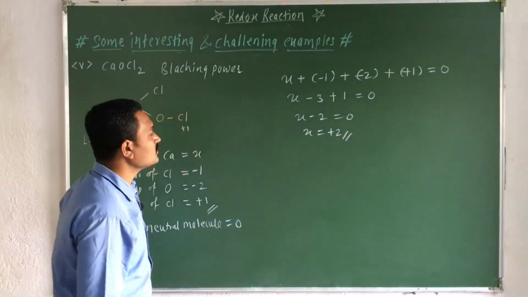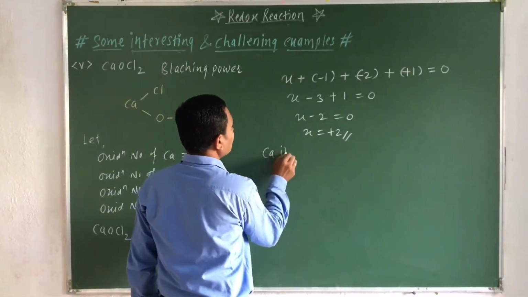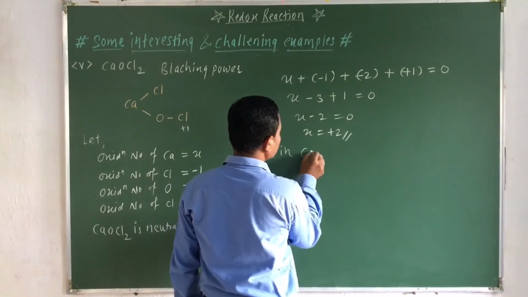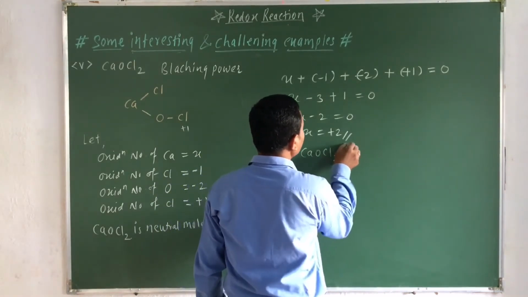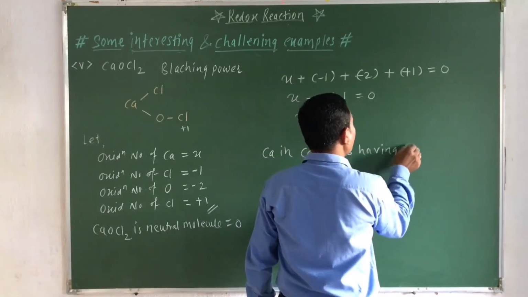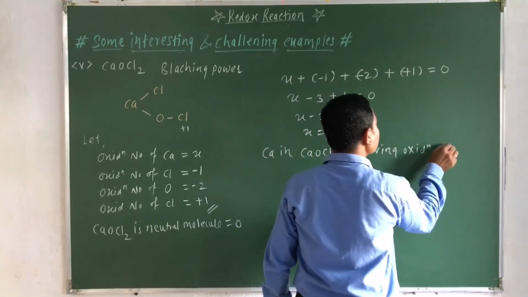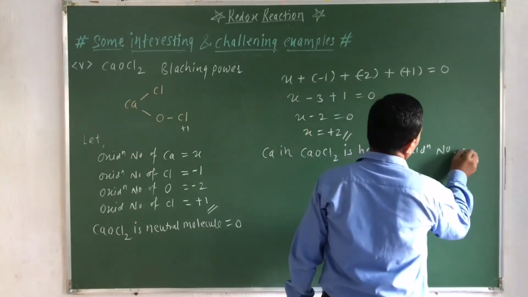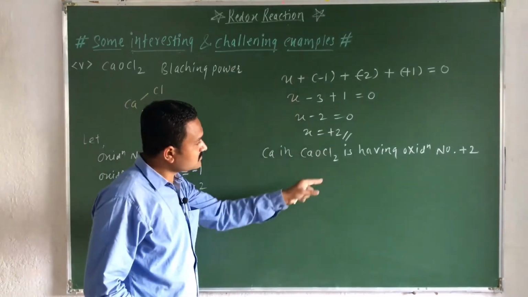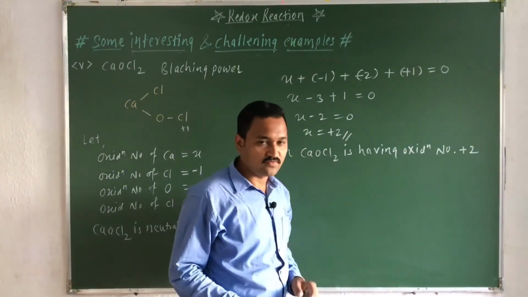Okay, so here calcium in your bleaching powder, that is CaOCl2, has the oxidation number +2. So again this is a simple solution for this one.